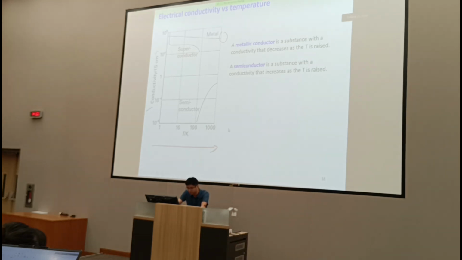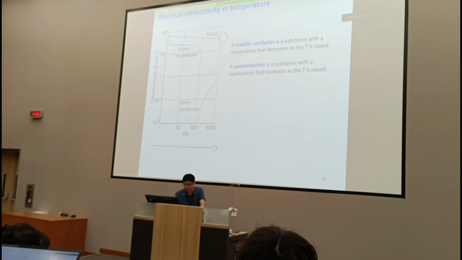For the semiconductor, when you raise the temperature, the conductivity increases, right? Now for the metal, it is the opposite trend. But for the superconductor, the behavior is very exotic. Below a certain transition temperature, the resistance drops to zero. You have infinitely large conductivity.